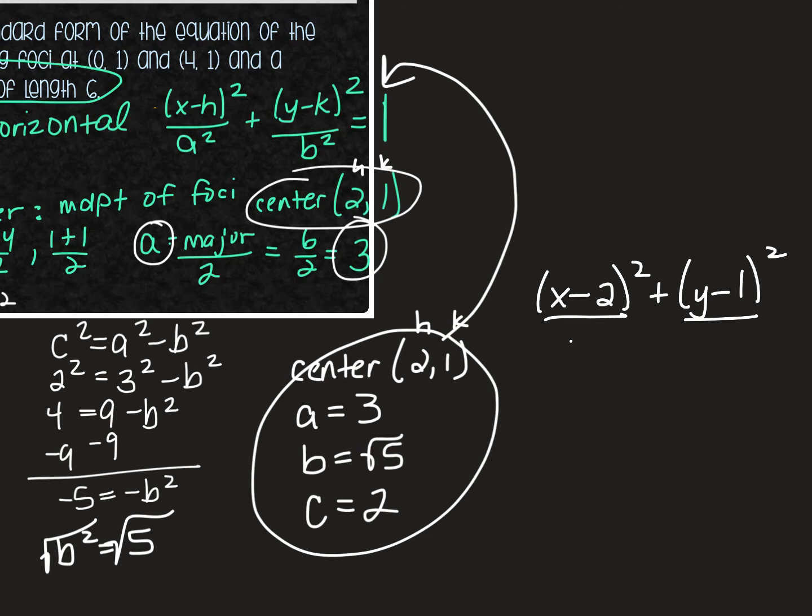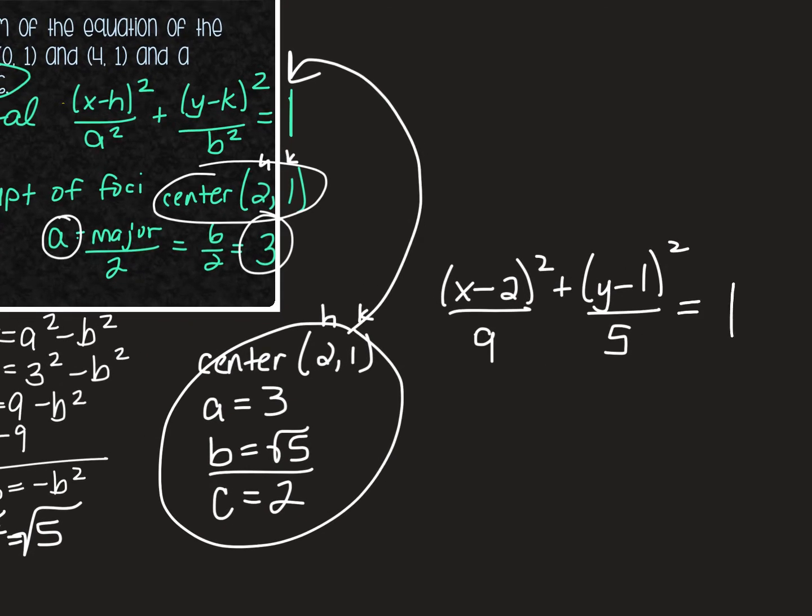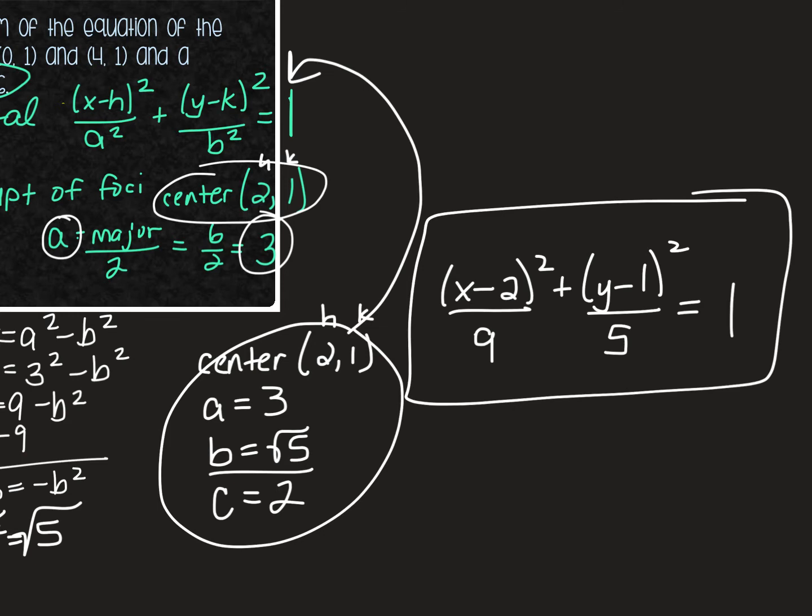So what's a? 3 squared. Which is? Oh, 9. Yep. And then over b squared. 5. Just 5. Why is it just 5? Because when you square a square root, it goes away.